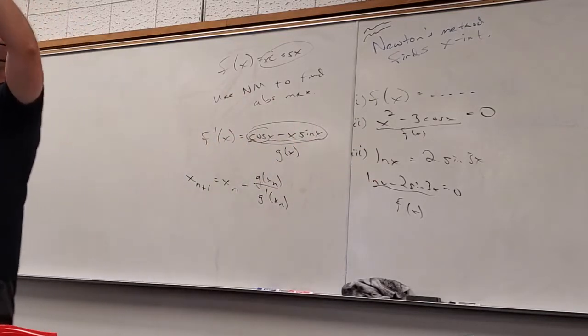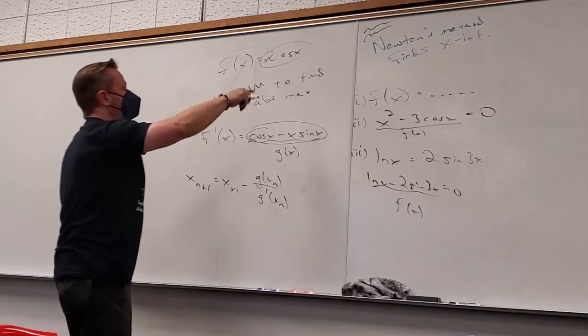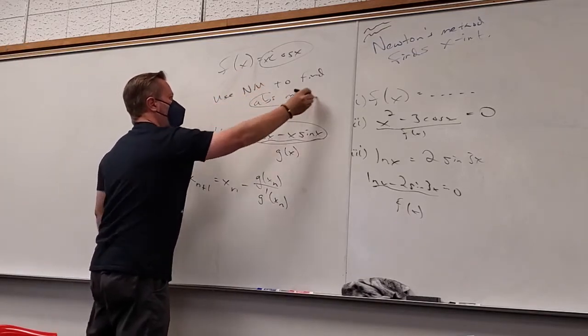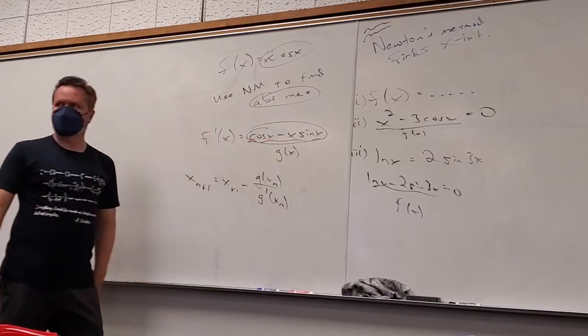If I'm doing anything where I do something and then I want to set what I get equal to 0, Newton's method can come into play right then. Because what does Newton's method do again? It approximates where a function is 0. So what function do I need to equal 0 to find this? The derivative I need to equal 0.